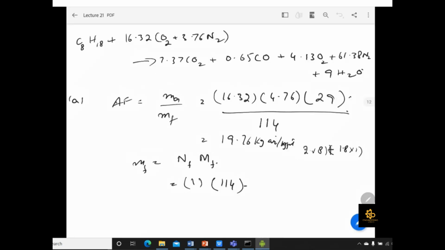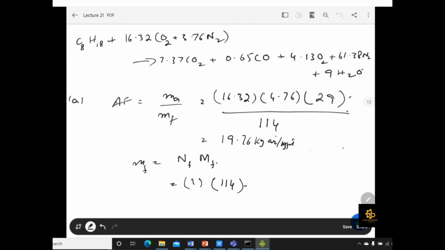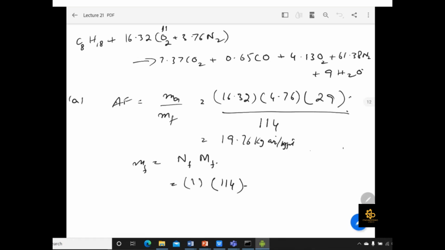If you have any question, you can also ask. Sir, where did this 4.76 come from? Which one, the 19.76? 4.76. Okay, 4.76 basically, I already told you that we are considering 1 kilomole of O2 and 3.76 kilomole of N2.